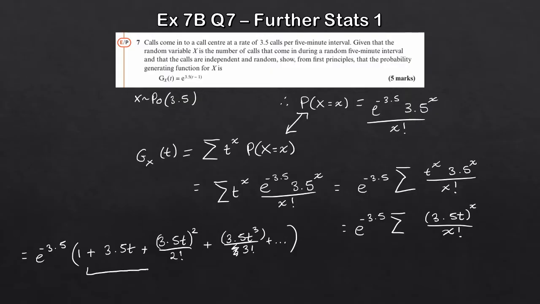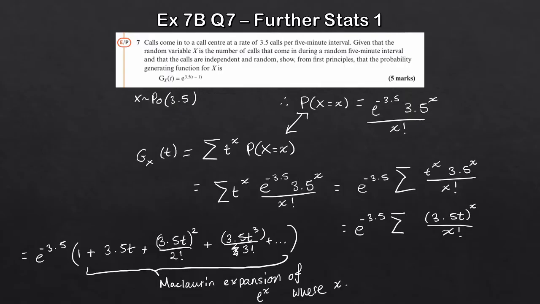So this full expression here is actually the Maclaurin expansion of e to the x, where x is equal to 3.5t.